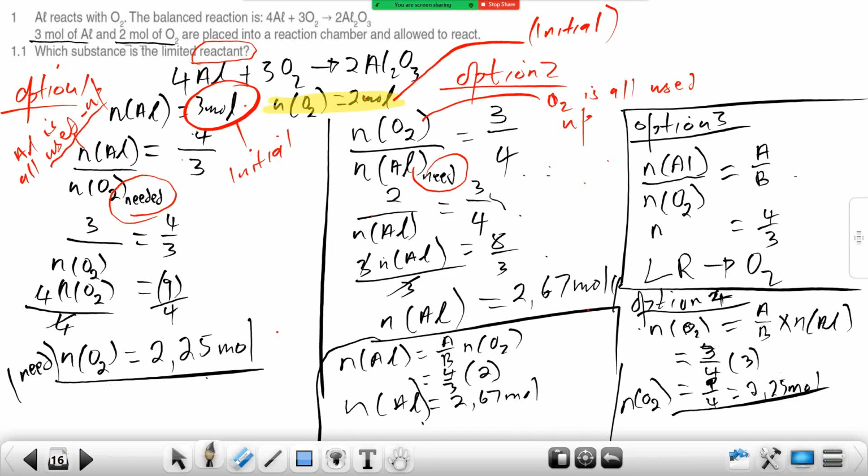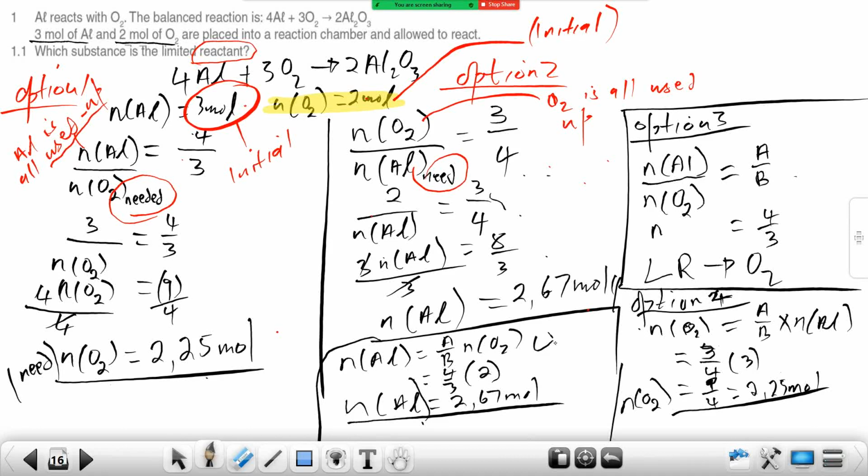As you have just explained from your previous examples, a limiting reactant is a reactant that is completely used up in a chemical reaction, and an excess is one that is not used up. So you basically compare which one is more than the other. According to my perspective, 2.67 is excess, then oxygen is the limiting reactant because it's less than aluminium. 100%.